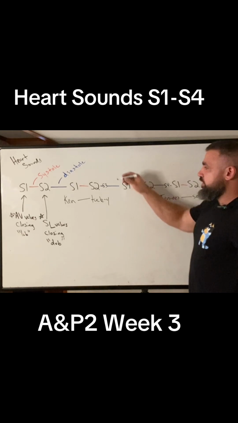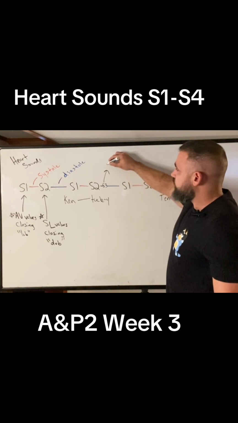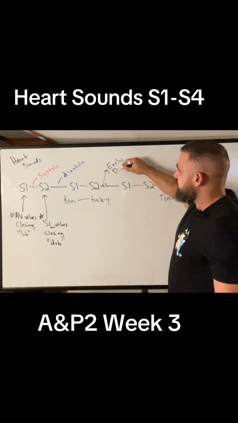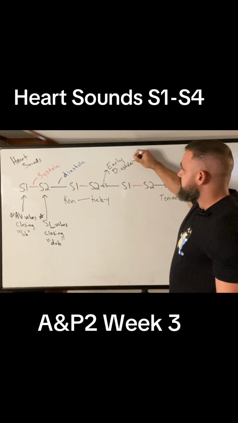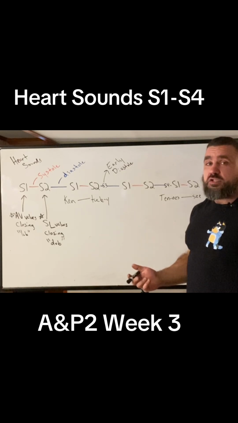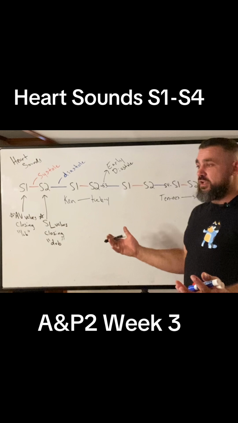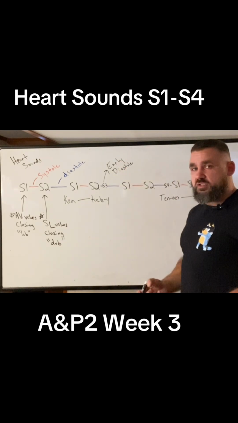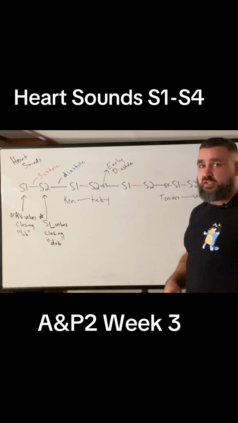So let's explain this in a little more detail. S3 is going to happen early in diastole. So you have to ask yourself, what's happening early in diastole? Well, we just talked about the cardiac cycle. Early in diastole, the atrioventricular valves just opened. The ventricles have low pressure and blood just flushes back in and hits the ventricular walls.